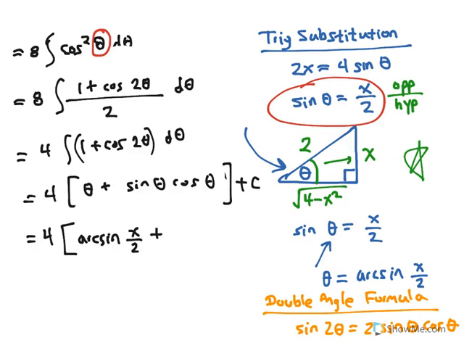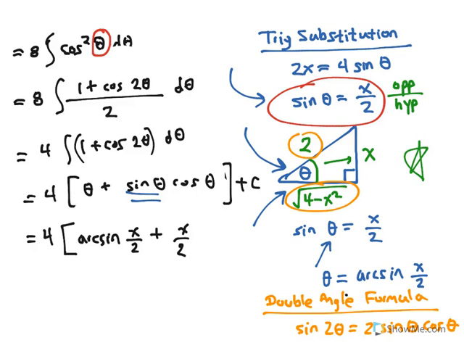And to go back to x, we know from our trig substitution that sine theta is x over 2. So we can replace sine theta with x over 2. And we know from our triangle here that we derived from our trig substitution that cosine of the angle theta is the ratio of the length of the adjacent side to the length of the hypotenuse.